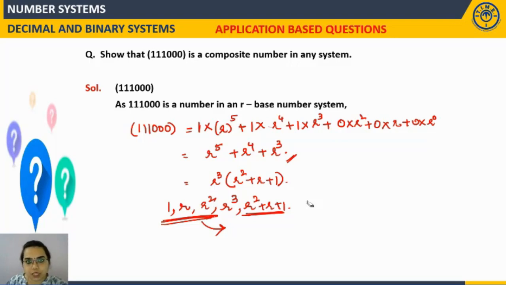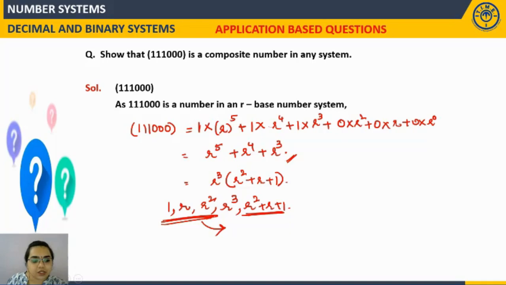We have learned that the base of the system is an integer and it is surely greater than 1. So the value of R can neither be 0 nor 1. So till R square, it is sufficient for us to tell that the number is a composite number in any system. I hope my explanation is clear to you.